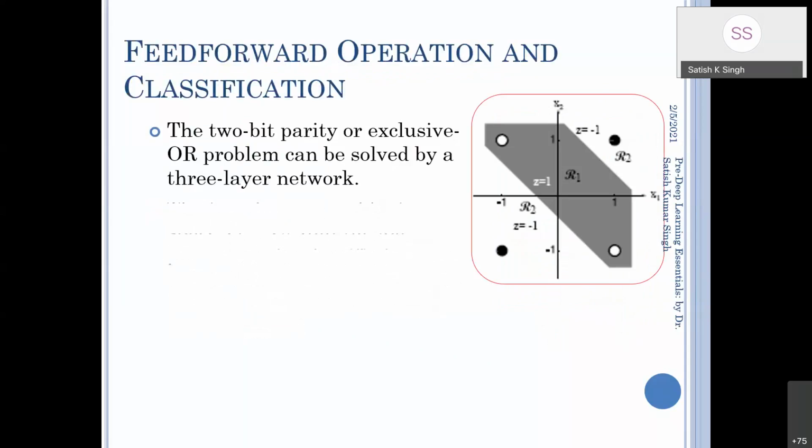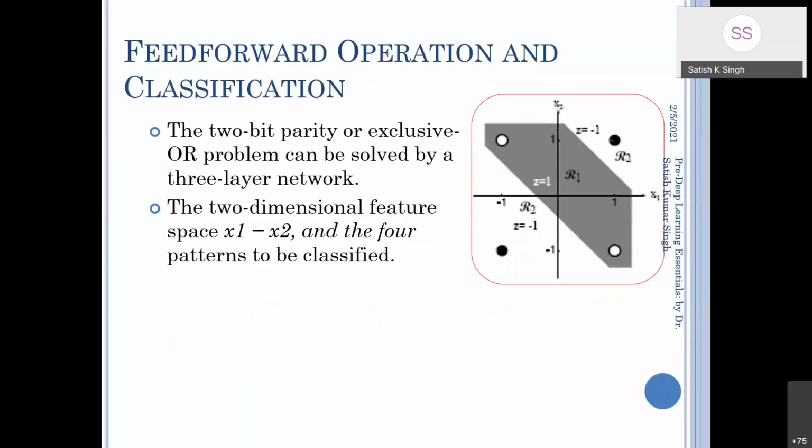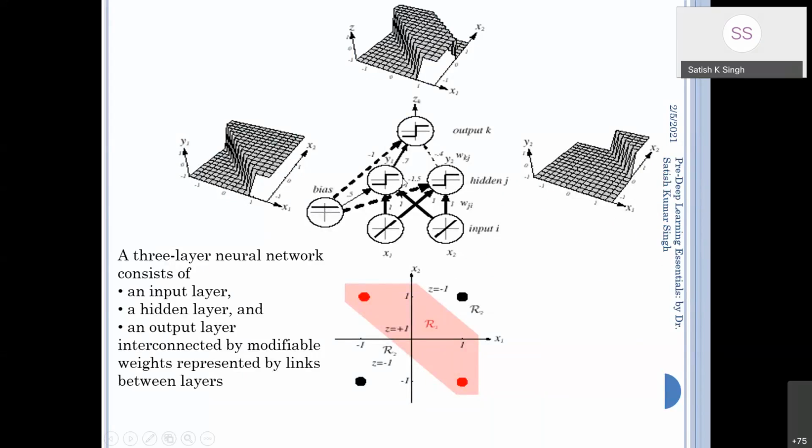So this is the typical XOR problem. We know very well this is a very difficult problem, so how do we solve it with the help of neural networks? Here we can see a very simple neural network architecture. These are the inputs, so these are the identity function. There is some nonlinear function at the hidden units. Bias is represented in this way. So the output of this unit will be simply this function.